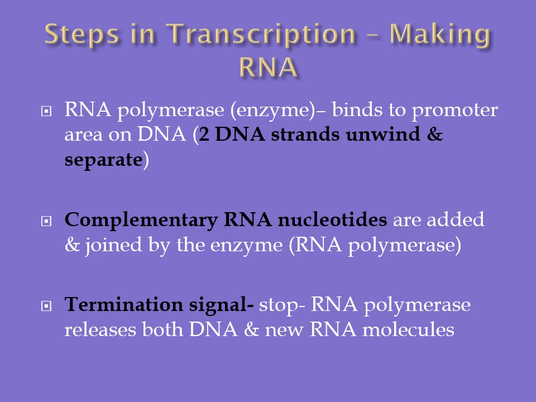It's going to keep on making that copy until it reaches a termination signal, an area on the DNA that says, hey, this is where the message needs to stop. It's sort of like a period or an exclamation point. Then the RNA polymerase releases from the DNA and also releases that new RNA message.